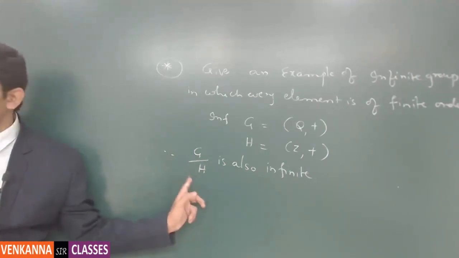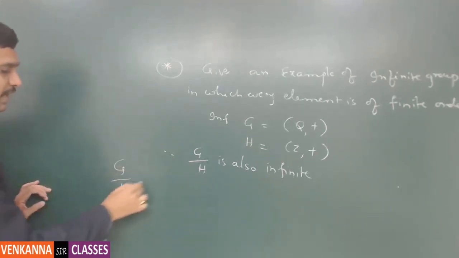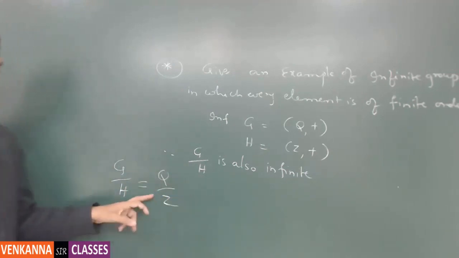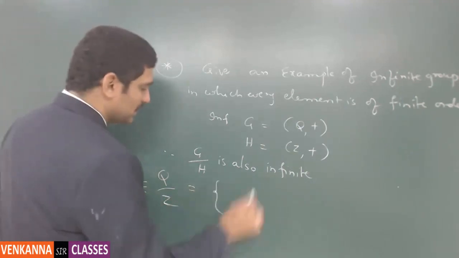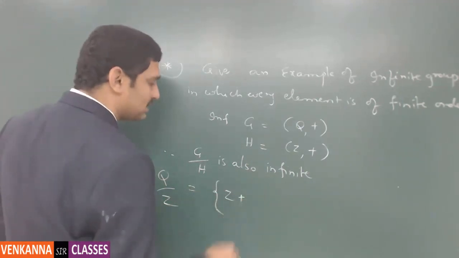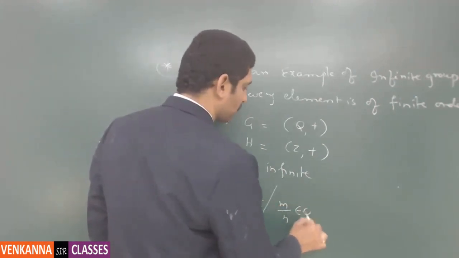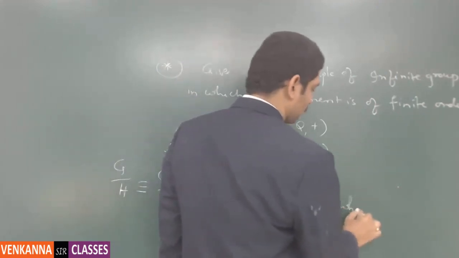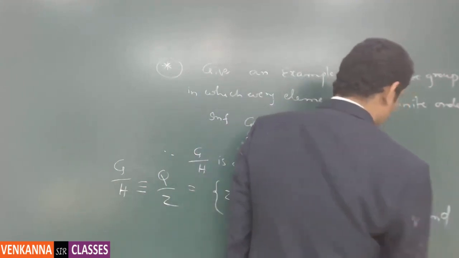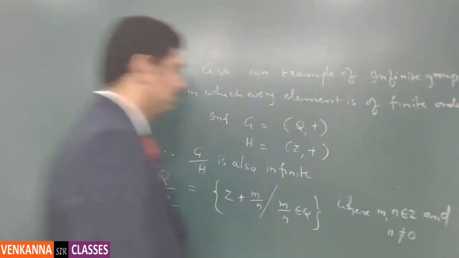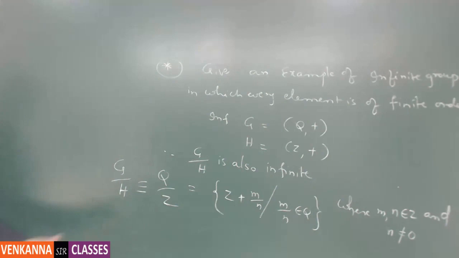If you write the quotient group form G by H, it is nothing but Q by Z you are calculating. This is equal to the set of all Z plus M by N, because how do we define a quotient group?